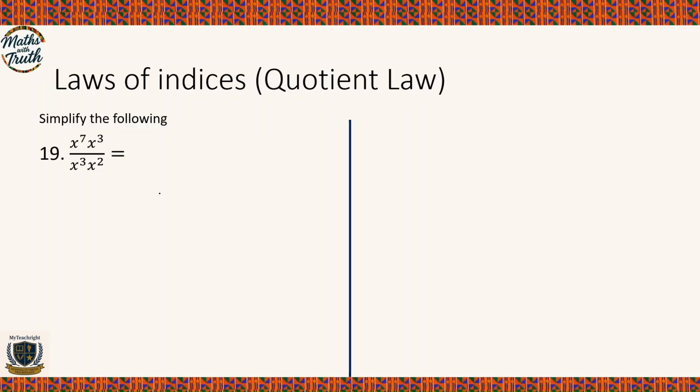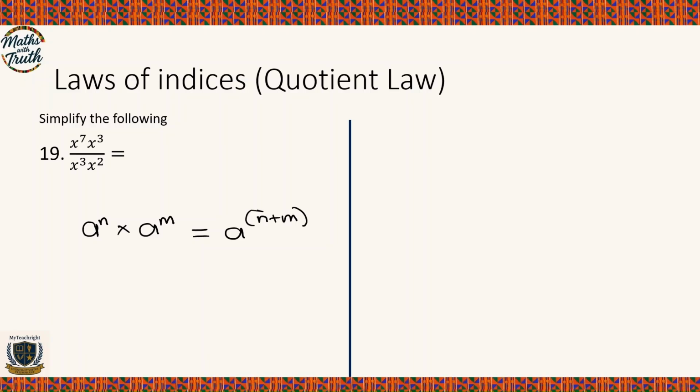Okay. Now the product law of indices states that if you have a exponent n times a exponent m, that is equal to a exponent n plus m.